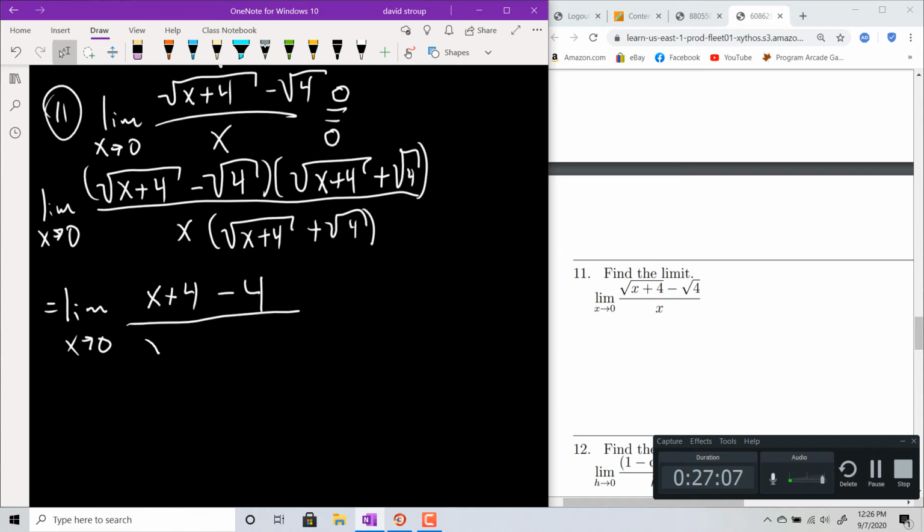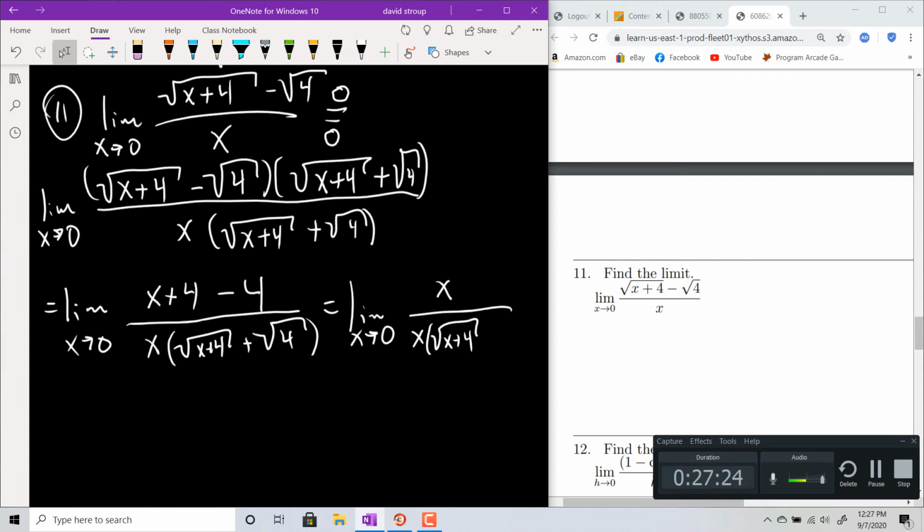And down below, don't multiply it out. Just leave it as is. X plus 4 minus 4 is just going to give me x. Down below, I have x times the square root of x plus 4 plus square root 4. And then you can remove those factors of x, and you'll finally have a limit you can evaluate.